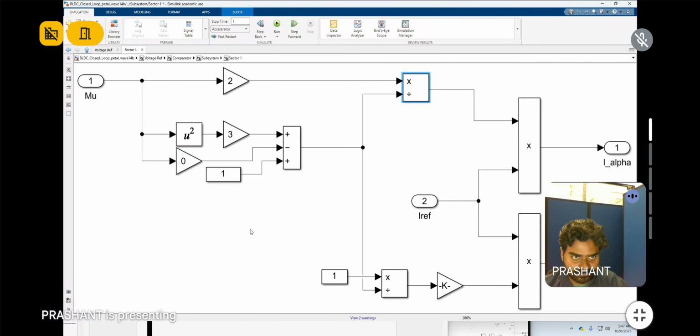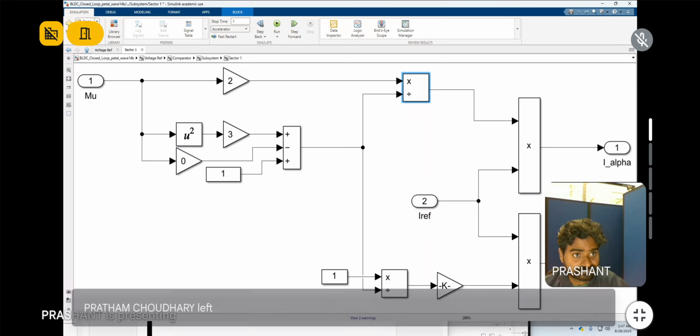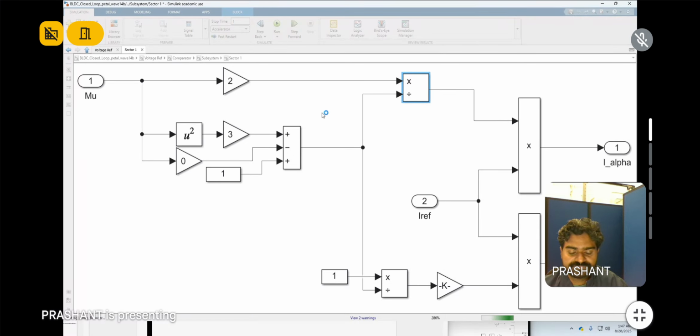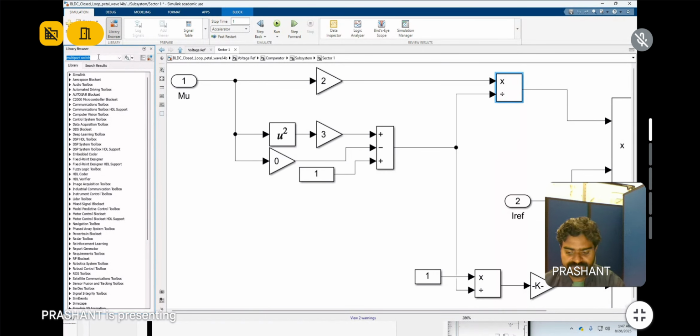We can select it from the library. This is the library browser. You can directly search from the search button, here we can write product. You can search.